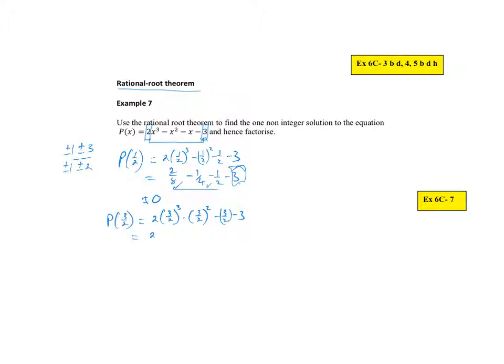So 2 times 27 on 8 minus 9 on 4 minus 3 on 2 minus 3. So they cancel, so that's a 27.